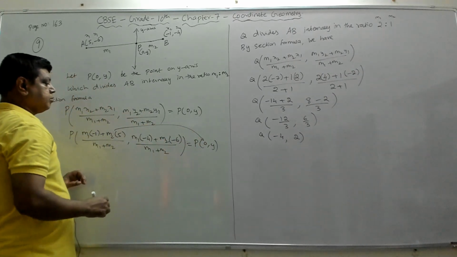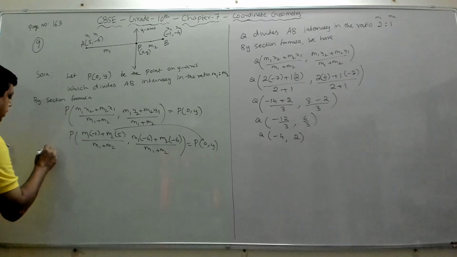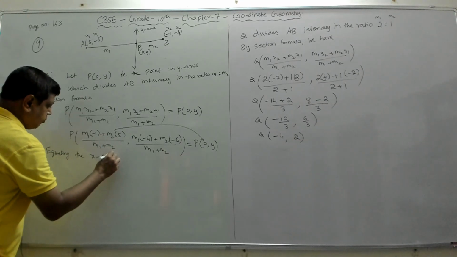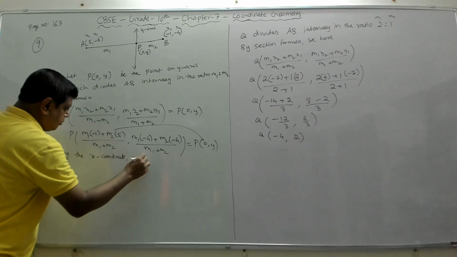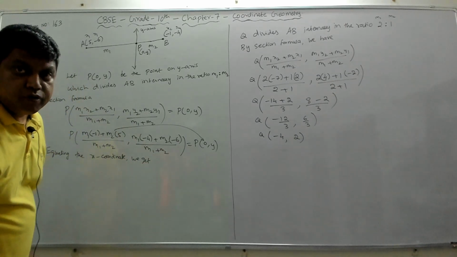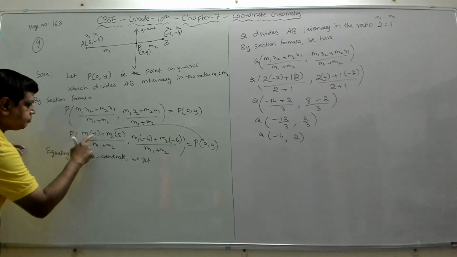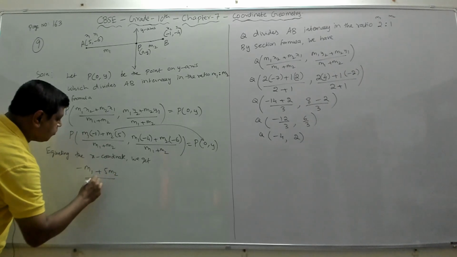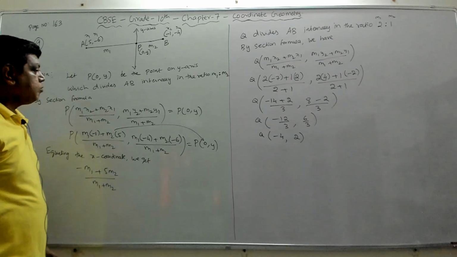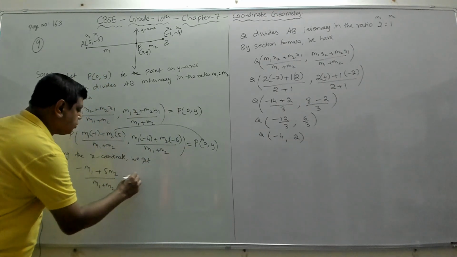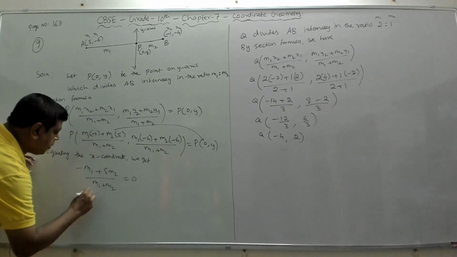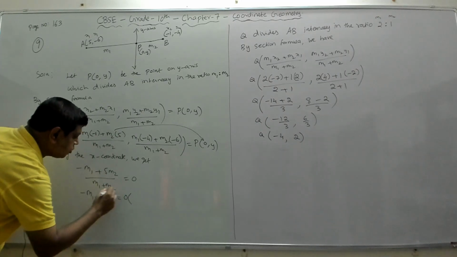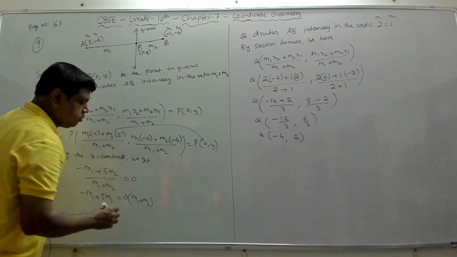So equating the x-coordinate, we get M1 into minus 1 is minus M1, plus 5 into M2 is 5M2, by M1 plus M2, equal to 0. The M1 plus M2 will go to the other side, so you get minus M1 plus 5M2 equal to 0 into M1 plus M2, which will anyway become 0.